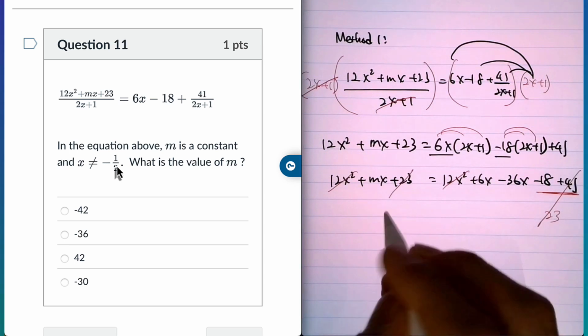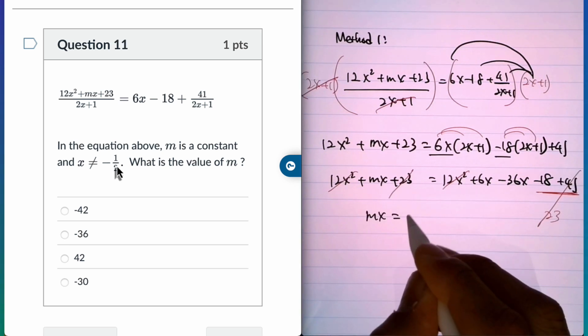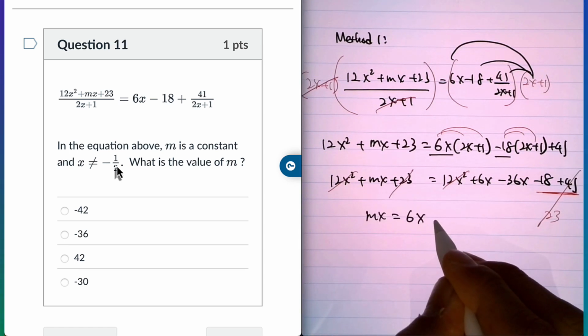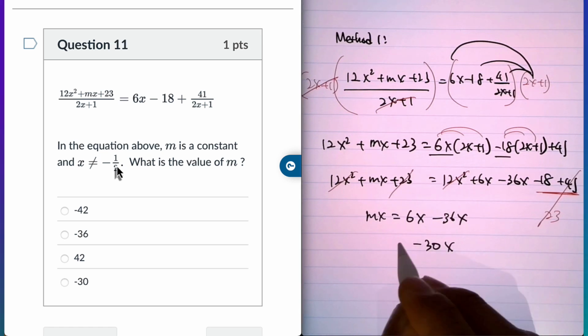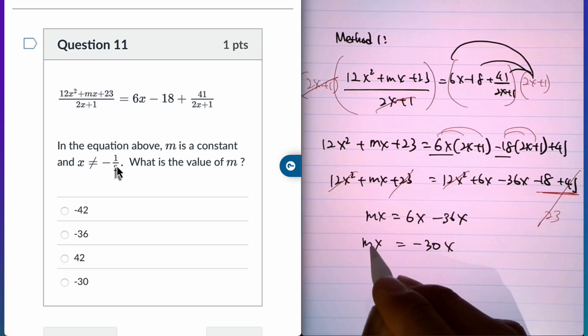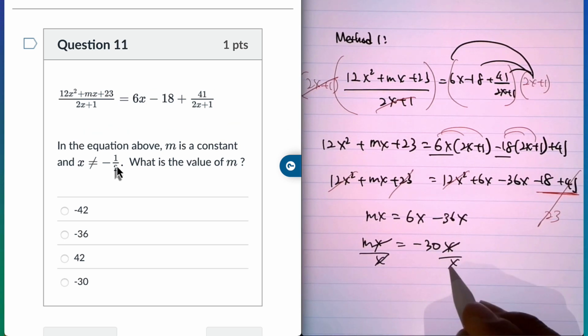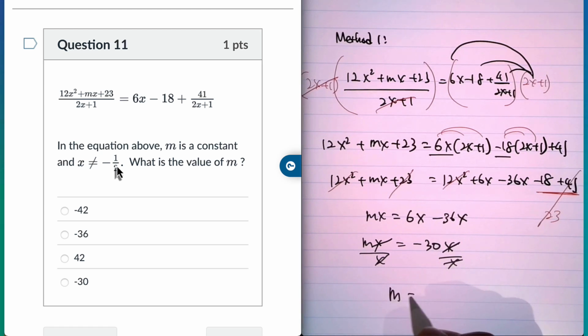So we got mx equals 6x minus 36x, and that's negative 30x. If you knock out the x again by dividing by x on both sides, you get m equals negative 30, and that's what they want.